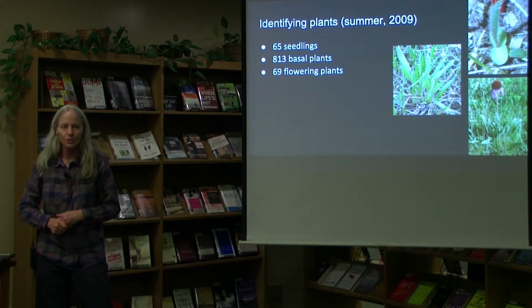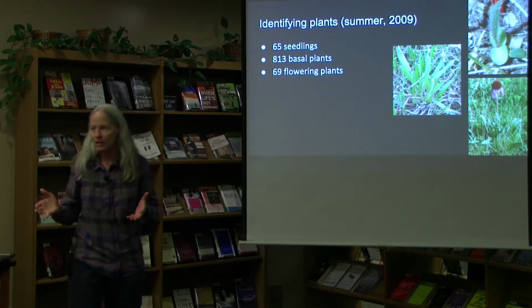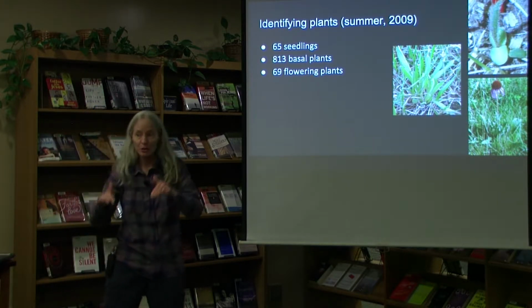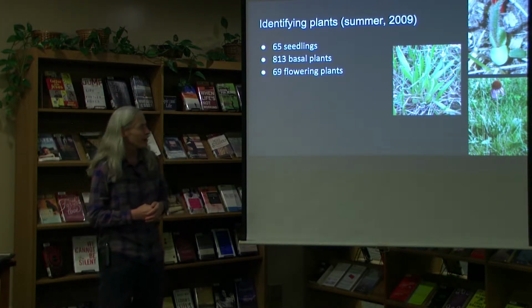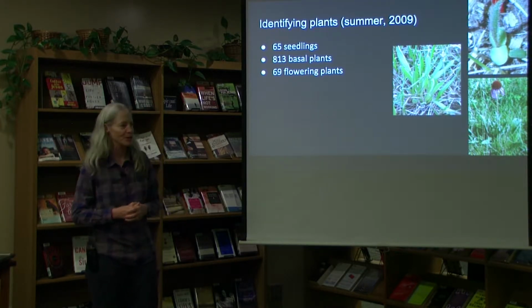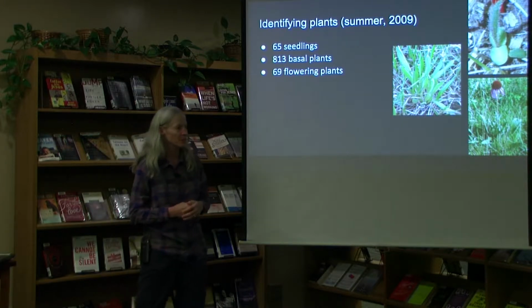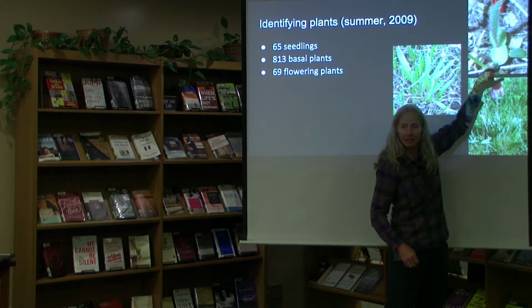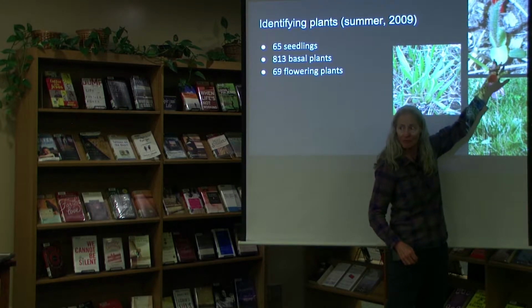So to approach this question of whether the populations of echinacea are growing or shrinking, with help from a bunch of undergraduates, I went out and found a whole bunch of echinacea plants, including some seedlings, which you can identify because they still have their seed leaves visible.